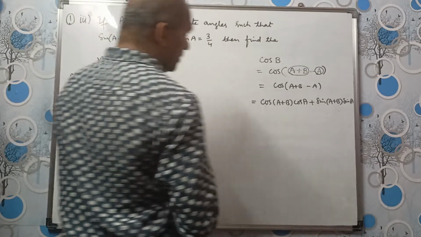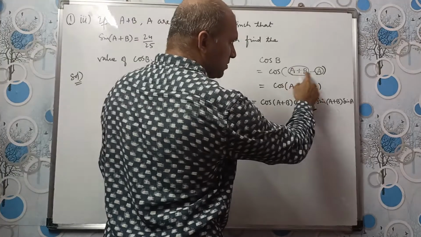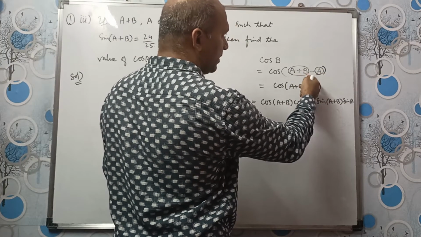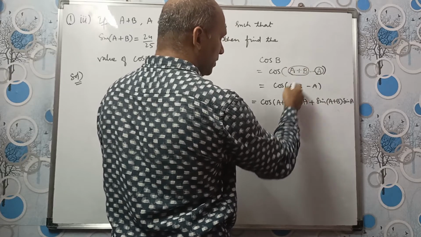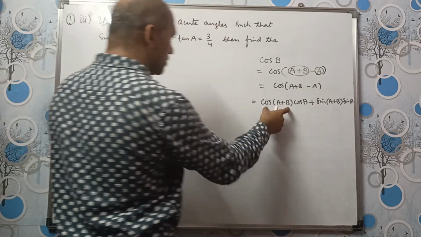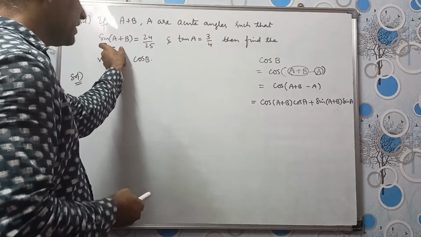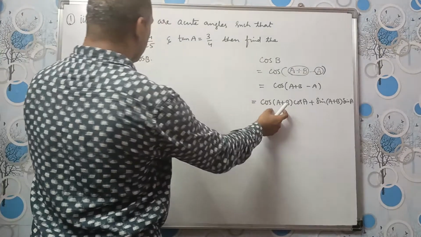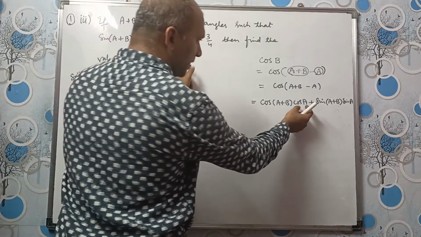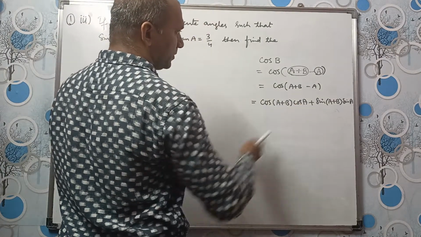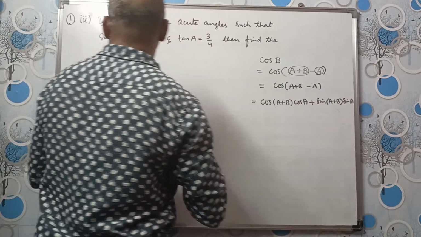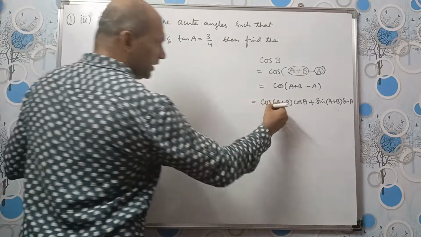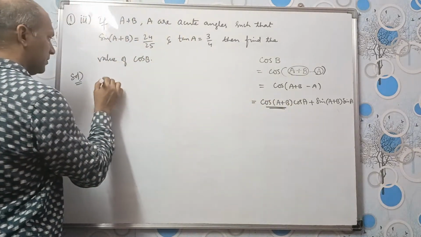Alright. So cos b we wrote as a plus b minus a, because minus a plus a will get cancelled. It will be cos b only, right? So we need to find what is cos a plus b. We are given sin a plus b. Okay. We can find cos a plus b and we are given tan a. We can find cos a and we can find sin a also, right? Alright. We need to find cos a plus b.